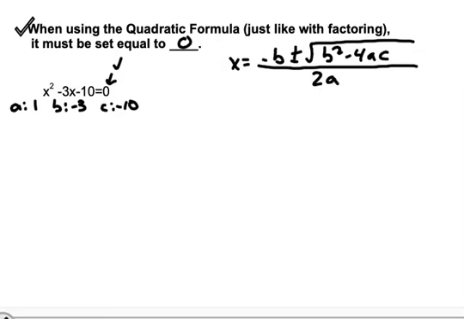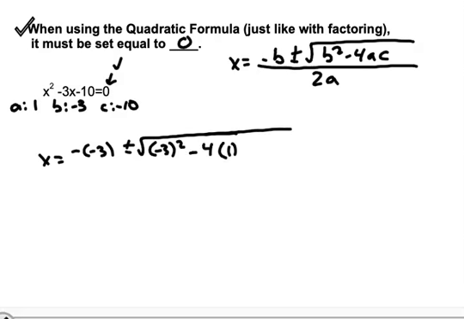So when we plug in, we have x is equal to negative b. That's negative 3. Got to be careful with that. Plus or minus the square root of negative 3 parentheses squared, minus 4 times a is 1, c is negative 10. All of this is over 2 times 1, 2 times a.